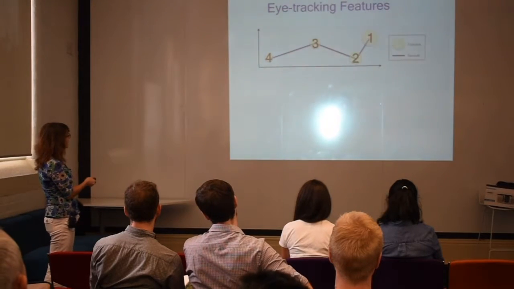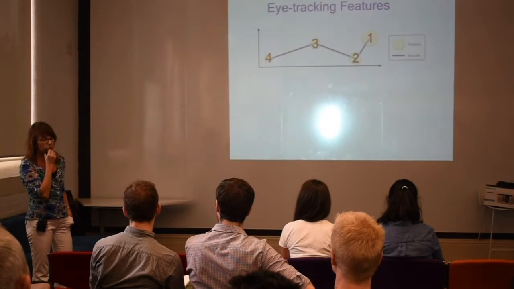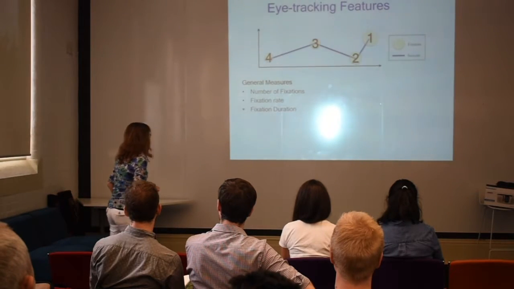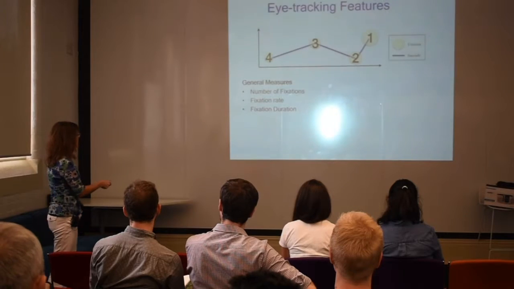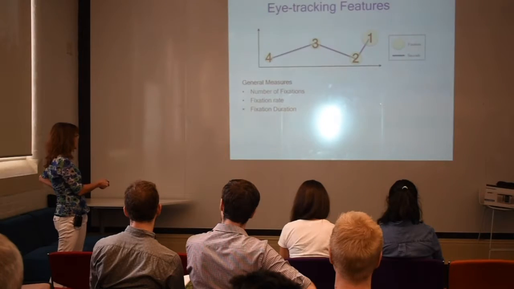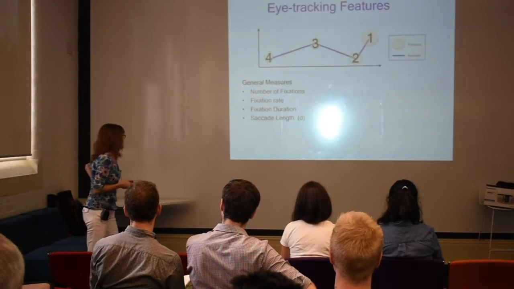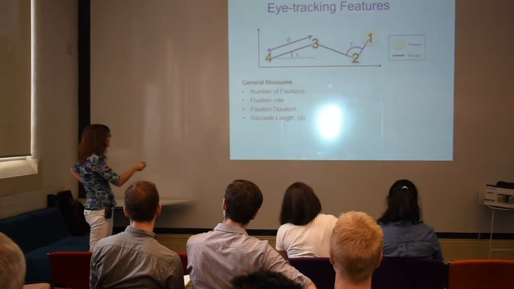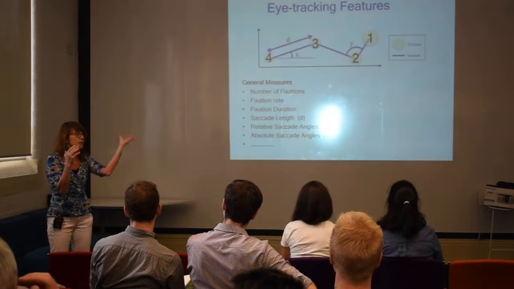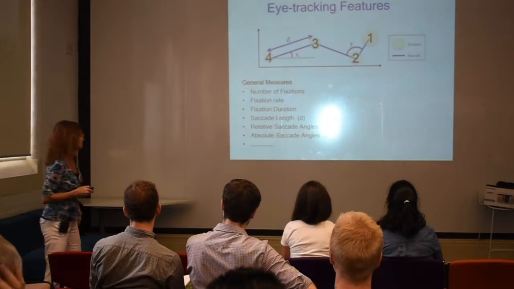So the eye tracker, as I mentioned, gives raw data that consists of position of the fixations and duration of the fixations. So general measures that can be used include number of fixations produced while performing a task, fixation rate, the duration of the fixations, and there are also measures related to the length of the transitions between fixations and the angle between the saccades that essentially tells how the user is moving across the visual space, okay?